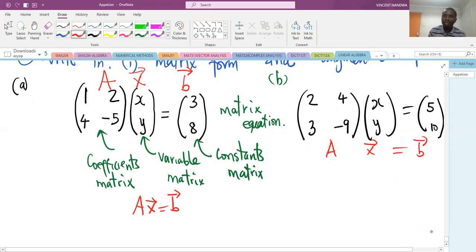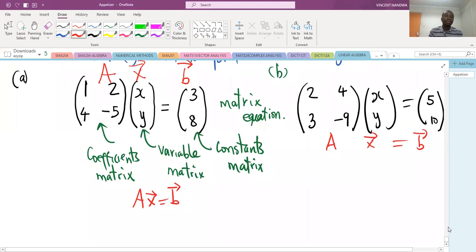Now from that, it's very easy to write the augmented form. The augmented form is a combination of the coefficients matrix separated by a vertical line from the constants matrix. So for augmented, you just write 1, 2, 4, minus 5, and then you write a vertical line, and then you write 3, 8.